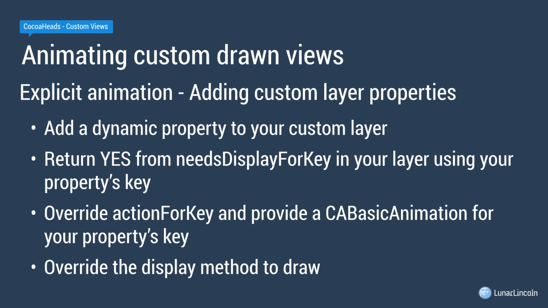We also need to return yes for needsDisplayForKey. So this method gets called in your CALayer whenever one of its values changes. And it lets your CALayer say, do I need to redraw myself or not? So if this is a value that's going to affect what your output looks like, then you need to return yes for that key path. You also need to override actionForKey and provide a CABasicAnimation for your property's key.